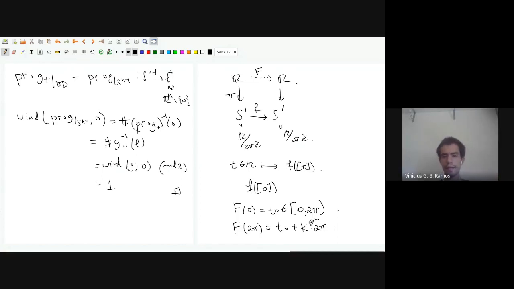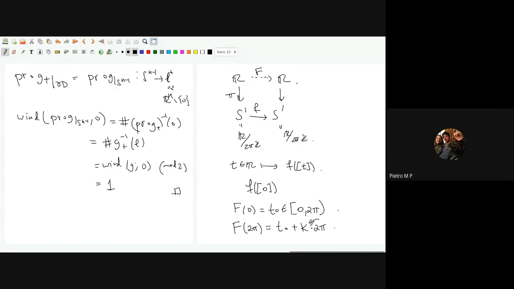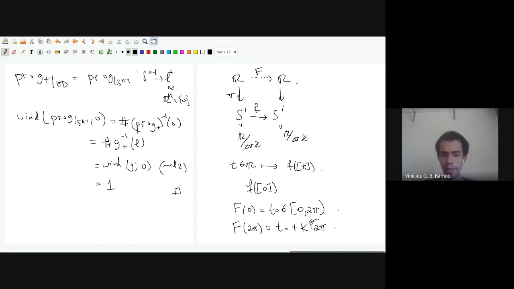Is that clear? Yes, but I mean, what is that? Why? Because f of 2 pi, when you project it, has to be equal to the projection of f of 0, because 2 pi and 0 are in the same equivalence class.